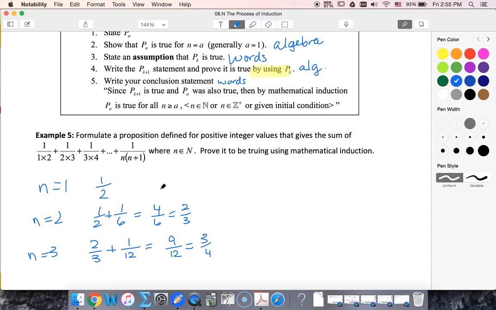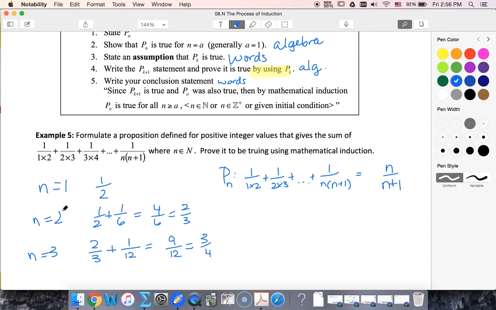So I'm seeing enough of a pattern right now that my assumption for P sub n is that if I take 1 over 1 times 2 plus 1 over 2 times 3 plus, and sum all the way until 1 over n times n plus 1, that sum is going to result in n over n plus 1, because that's what I was seeing in these examples.